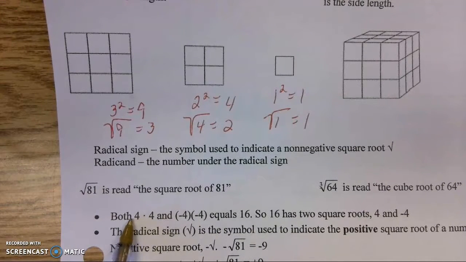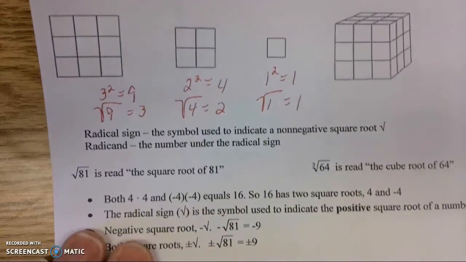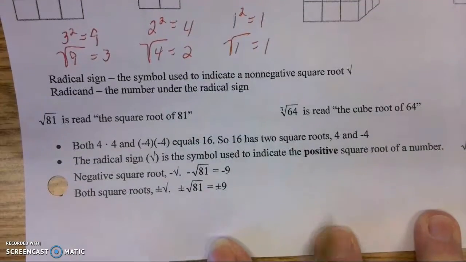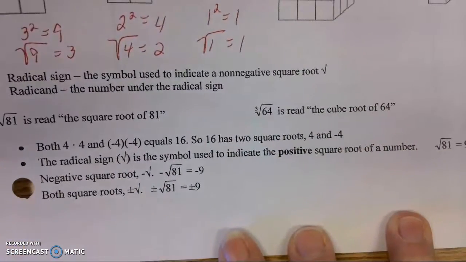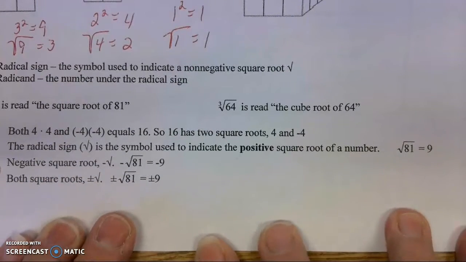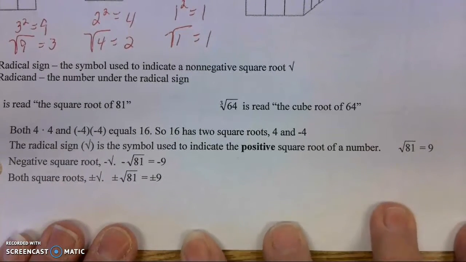Again, both 4 times 4 and negative 4 times negative 4 equal 16. So 16 actually has 2 square roots, 4 and negative 4. But that radical sign is a symbol that indicates the positive square root. So whenever you're looking at the positive square root, the square root of 81 is 9.